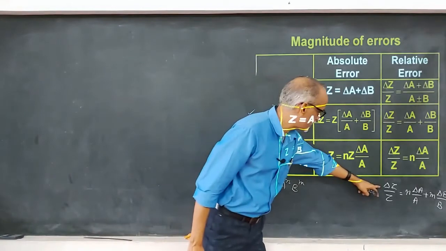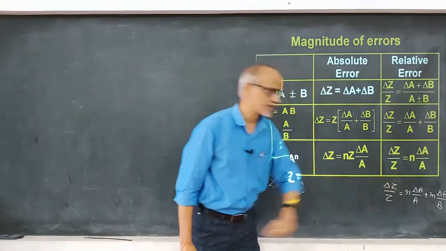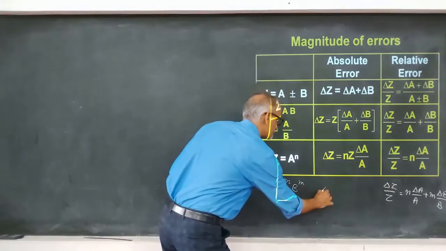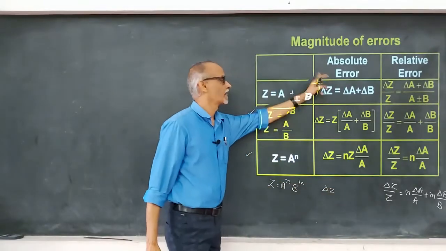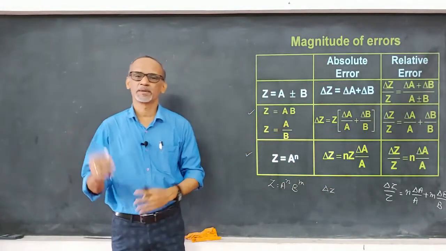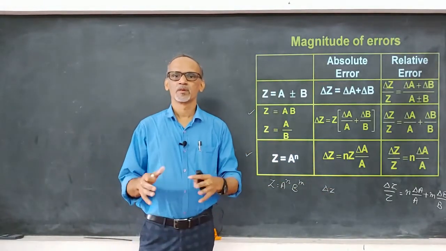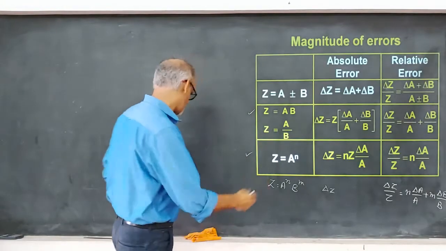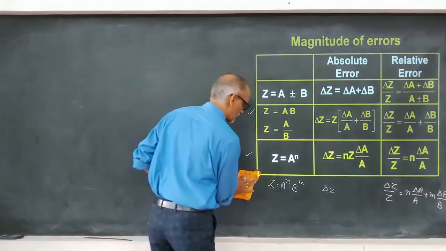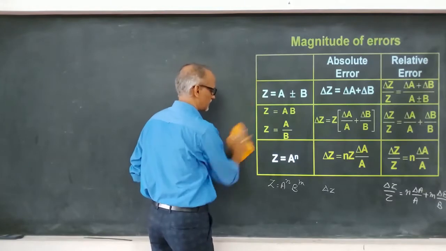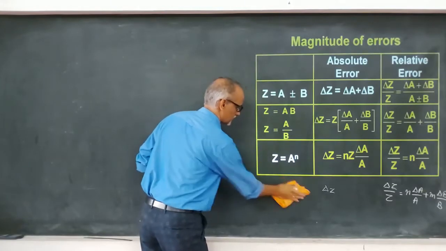If you want absolute error, then take Z to the other side, you will get delta Z. That will give you absolute error. If you want percentage, multiply by 100. So hope all the formulas are clear. I'm going to solve problems based on this, so by then it will be more clear.